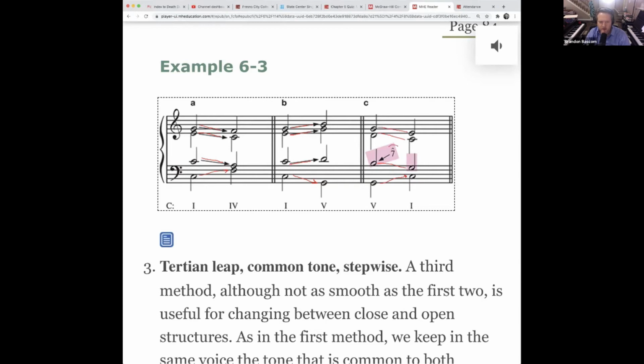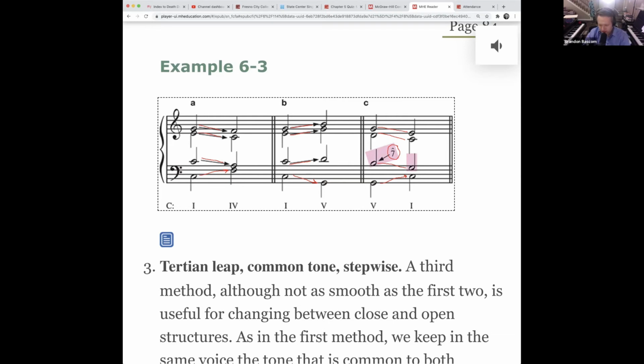Scale degree 7 here doesn't resolve to scale degree 1, but it's okay because it's in an inner voice. Questions, comments, concerns, friends with questions? What exactly is an inner voice? Alto or tenor? Excellent question. Alto or tenor is an inner voice.